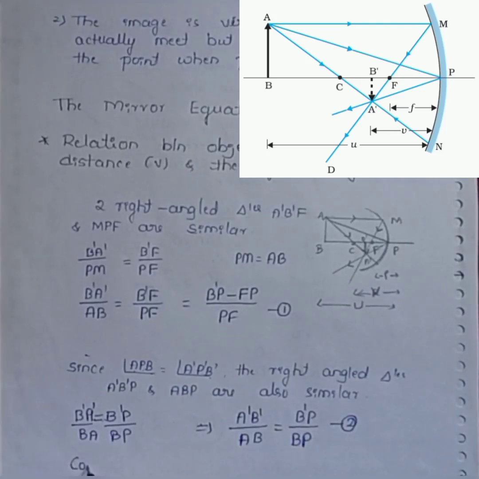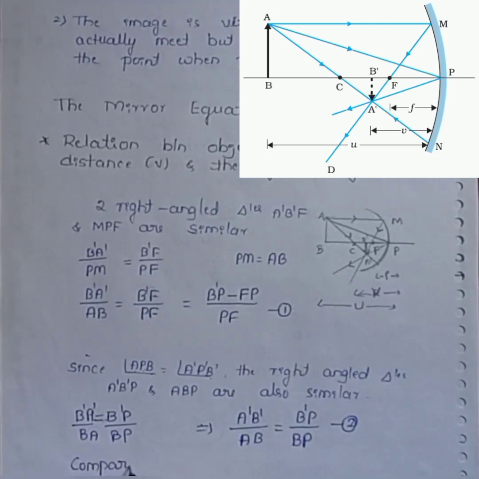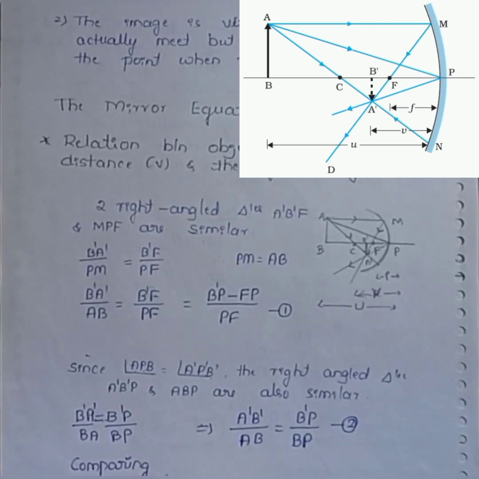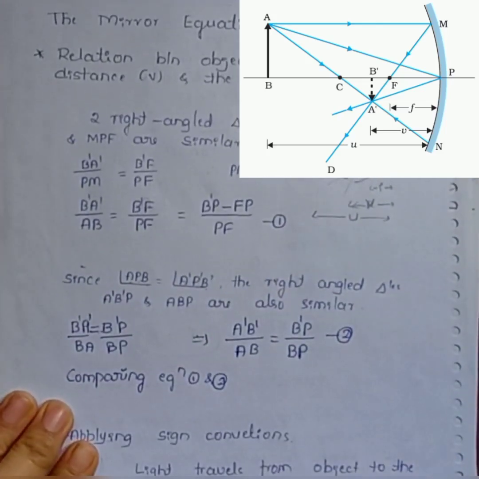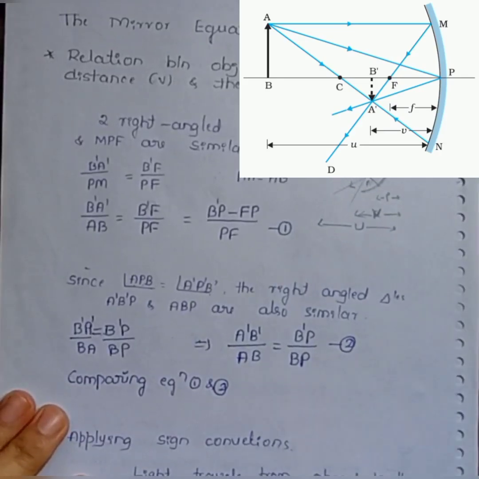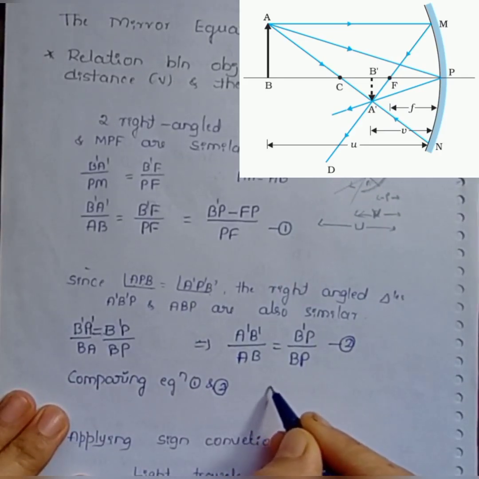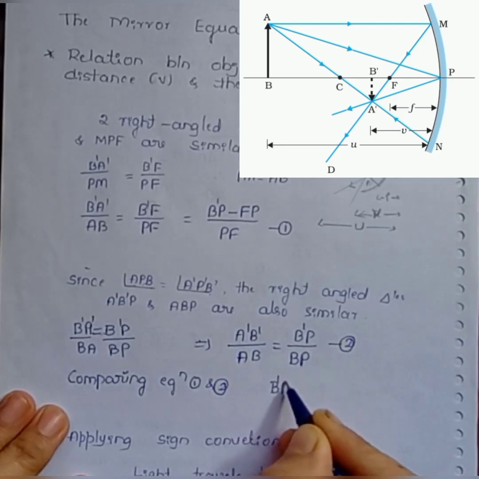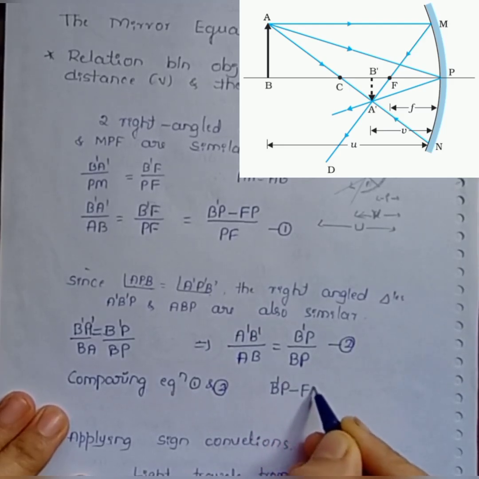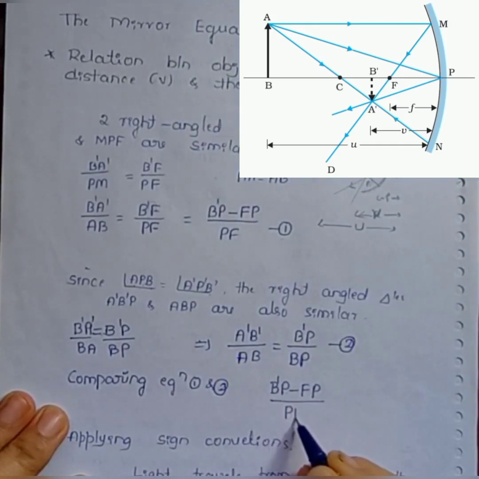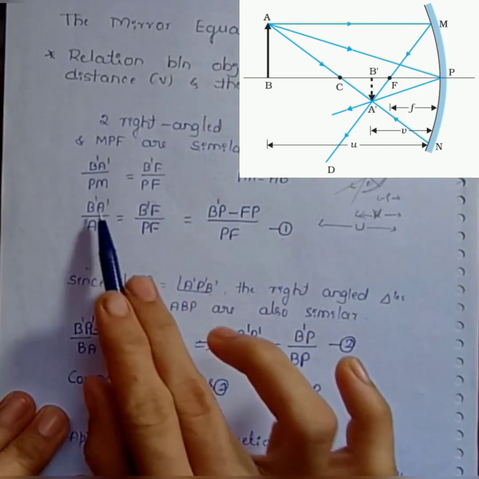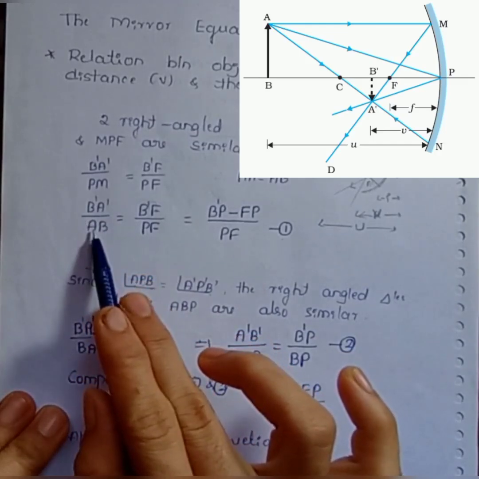By comparing equation 1 and 2, we can write B'P minus FP, divided by PF, is equal to B'A' divided by AB.